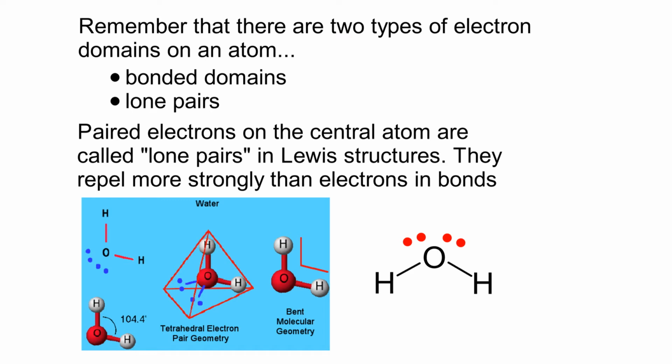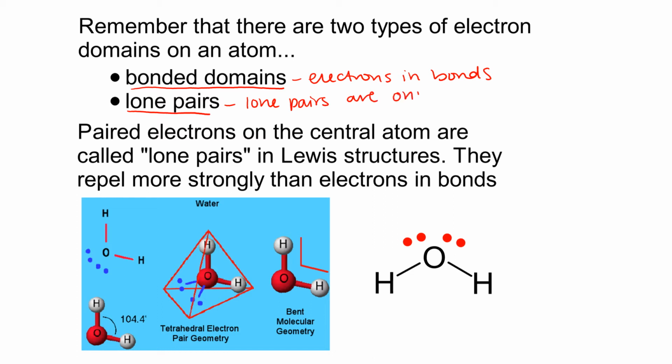Just reviewing from the last slide, there are two types of electron domains that exist on atoms. We have the bonded domains, or the electrons in bonds, and lone pairs. And remember, lone pairs only occur on the central atom.